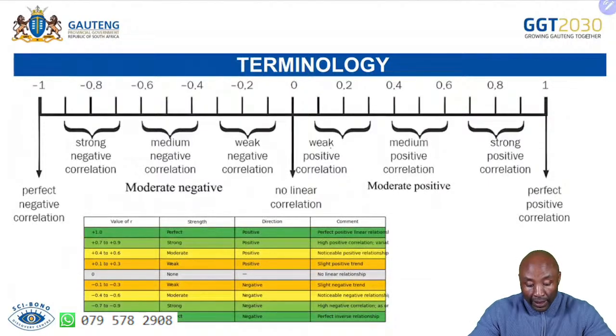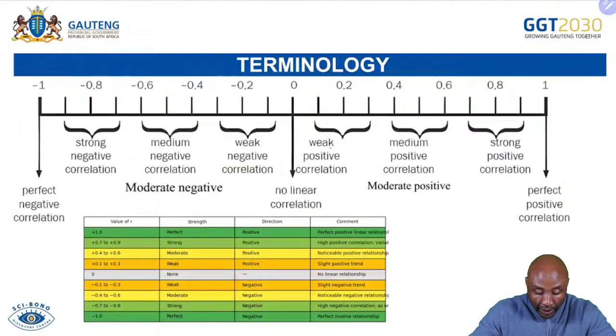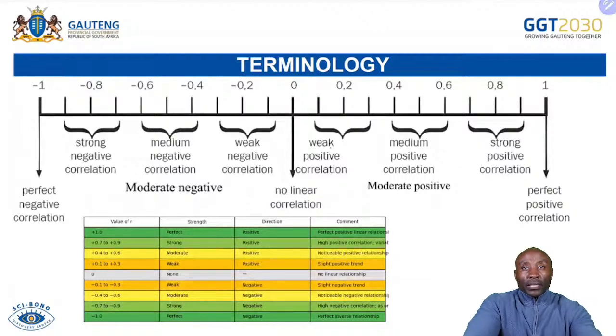I have added that other table for you to also see. In most cases, at 0, we say there's no correlation. Between 0,1 and 0,3, either positive or negative, it's weak. Between 0,4 and 0,6, we say it's moderate. Between 0,7 and 0,9, it's strong. And some literature always says above 0,9, we say it's very strong.